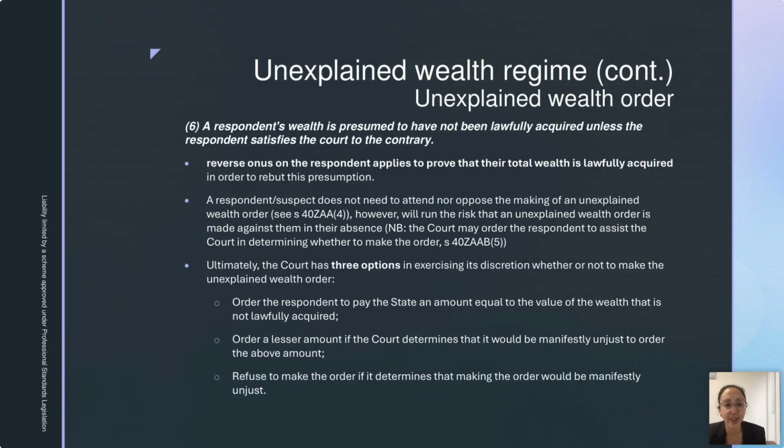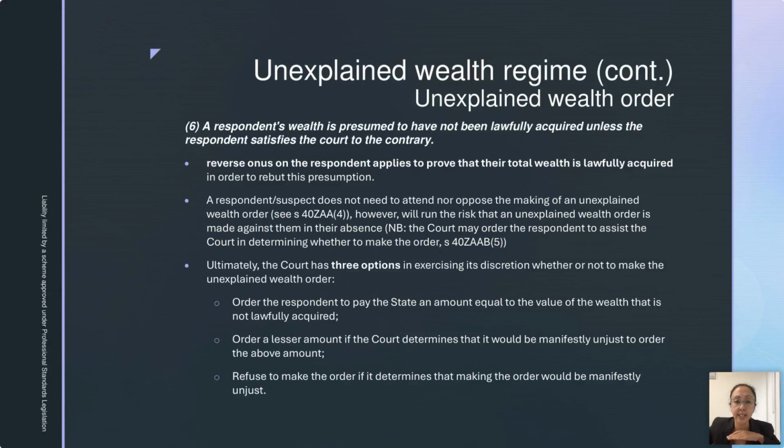I just wanted to quickly draw your attention to this part, and it's subsection 6 of section 40ZAA. A respondent's wealth is presumed to have not been lawfully acquired unless the respondent satisfies the court to the contrary. So essentially, in my mind, that looks like a shifting onus to the respondent to prove the totality of the wealth, that is, the wealth described by the OPP, is lawfully acquired.